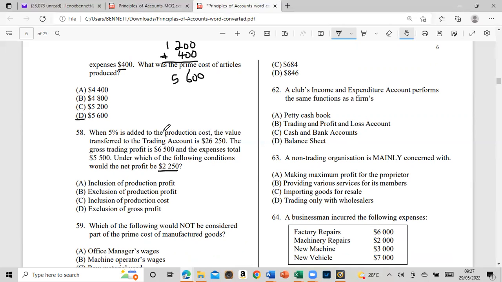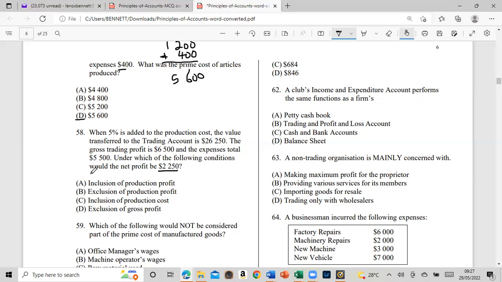When 5% is added to the production cost, the value transferred in the trading account is 26,500. The gross trading profit is 65, and the expense total 55. Under which following condition will the net profit be 2,250? Okay. So is it A, inclusion of production profit, B, exclusion of production profit, C, inclusion of production cost, or is it E, exclusion of gross profit?